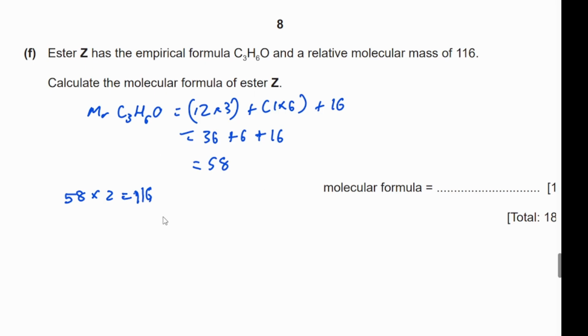So you need 6 carbon, 12 hydrogen, and 2 oxygen for the Mr to be 116 using the empirical formula. The multiplier is 2, so you times every atom by 2. Therefore, the molecular formula has to be C6H12O2.